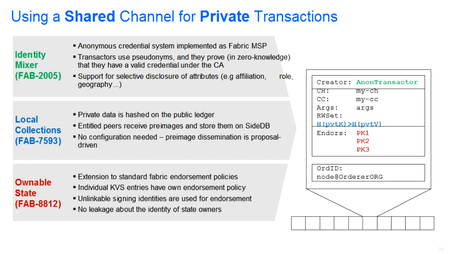There are other approaches that use the identity mixer, others that use HSM facilities, and so I think it's going to be important to find good interfaces that don't prevent any of those from being used effectively.